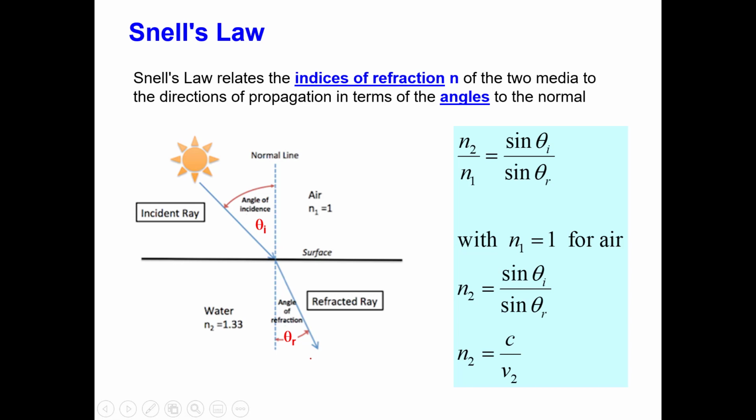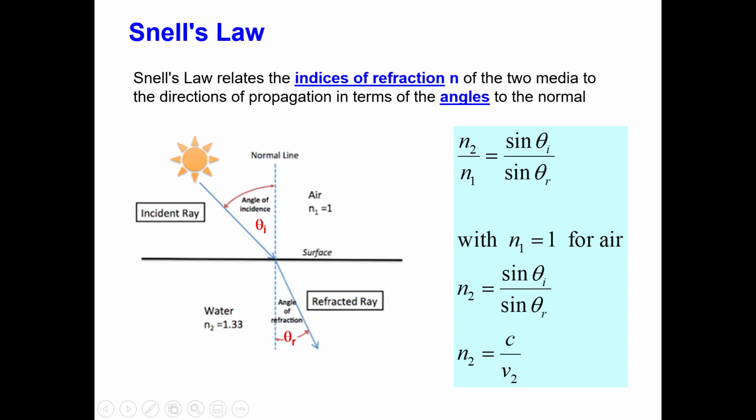Then what Snell's law says is the ratio between the index of refraction of medium 2 to medium 1 equals the sine of the incident angle divided by the sine of the refracted angle. Sine is just a trigonometric function, and the way we can calculate that is you just type the number 25 and then you press sine.